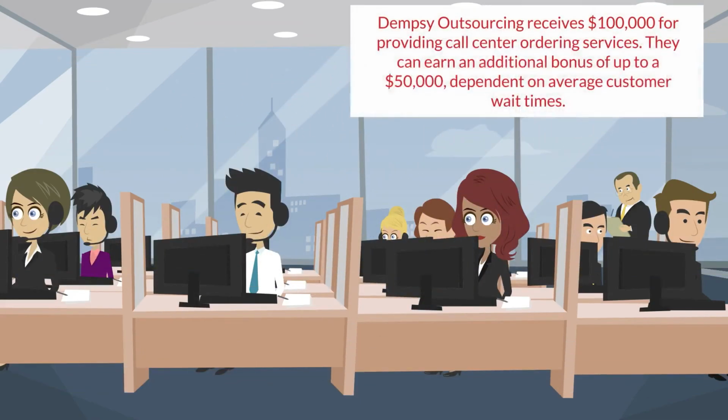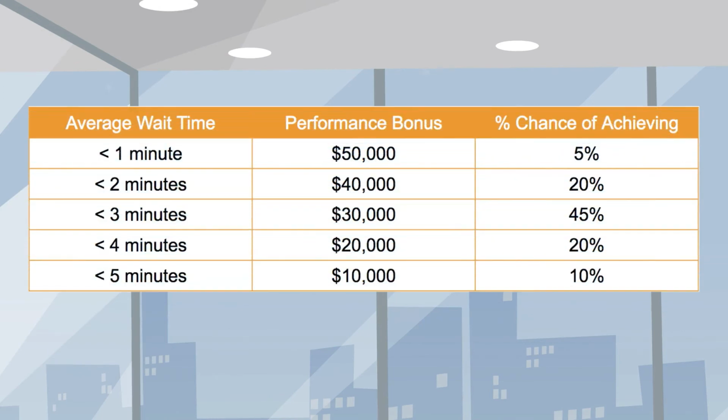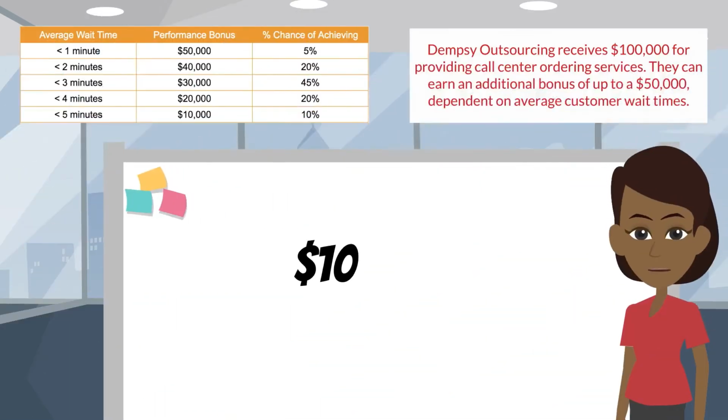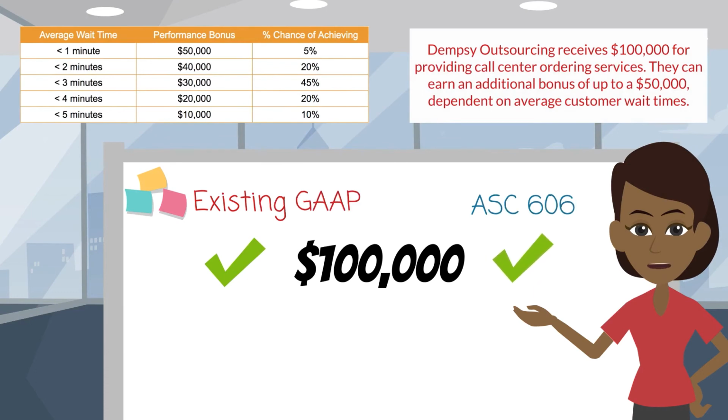Dempsey Outsourcing receives $100,000 for providing call center ordering services. They can earn an additional bonus of up to $50,000 depending on average customer wait times. We've put the various possibilities of average customer wait times on the screen. Obviously, the fixed amount of $100,000 should be included in the transaction price under both existing GAAP and new GAAP under ASC 606.